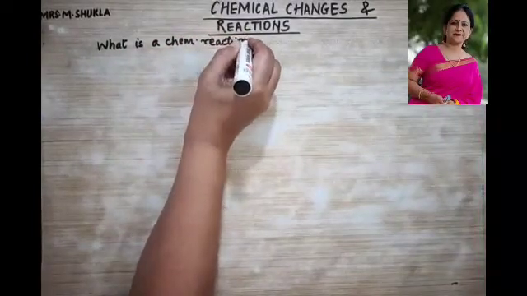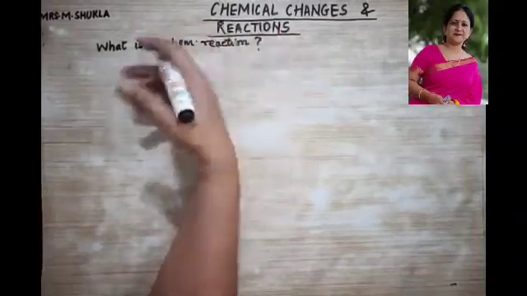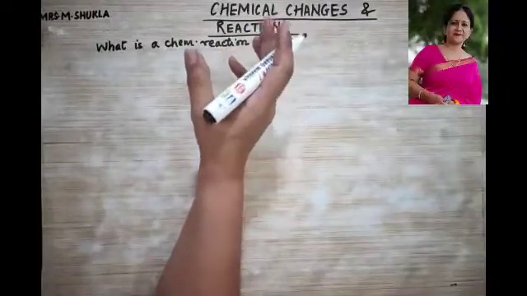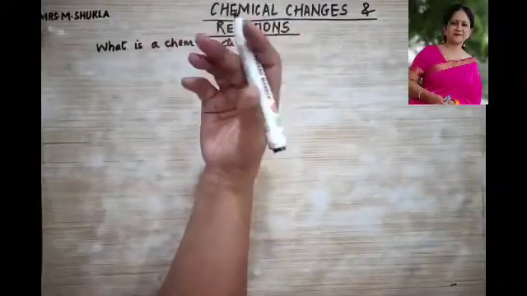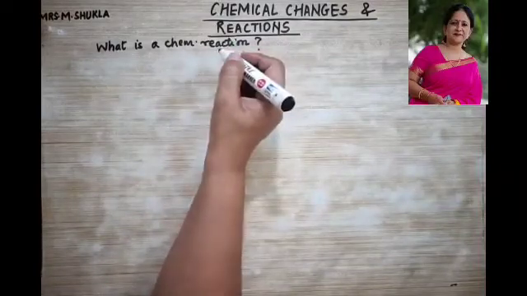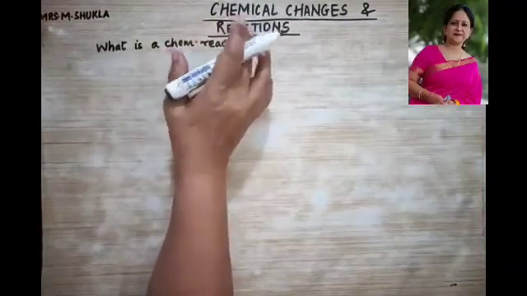Many of you must be knowing we generally write down the reactions, but you actually do not know how to define that chemical reaction. So today I am going to make you first understand what is a chemical reaction.